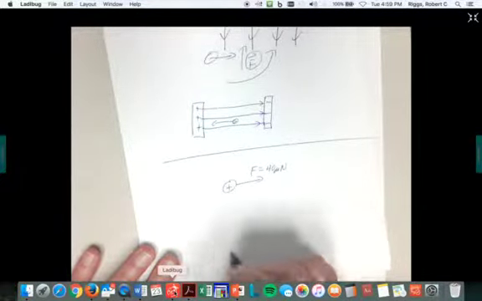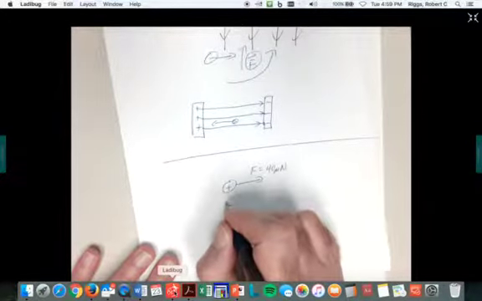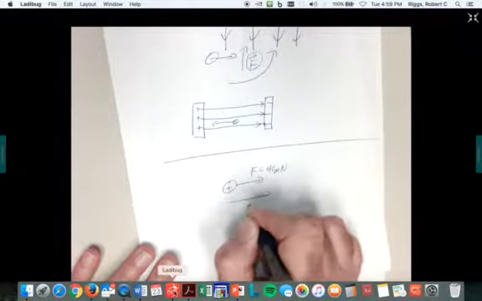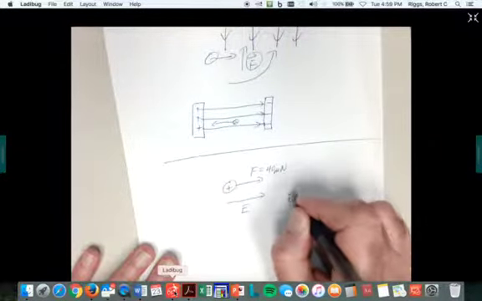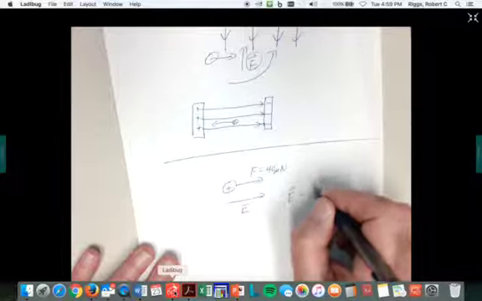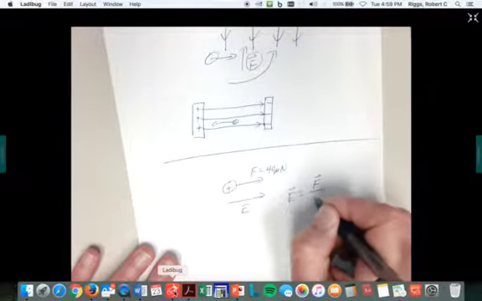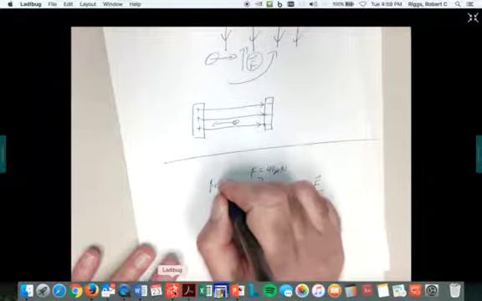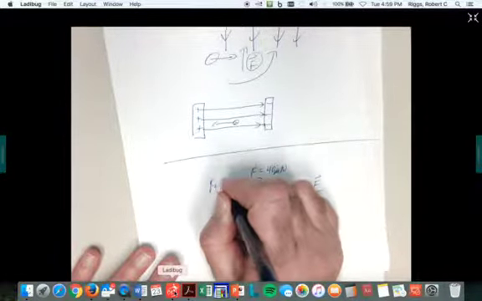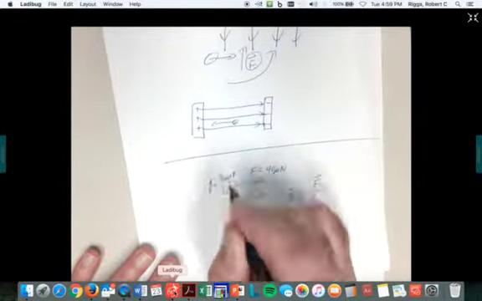Which direction is the electric field going? The E field is going that way, and we know that the E field is equal to the force divided by Q naught, where Q naught is equal to 10 microcoulombs, positive.